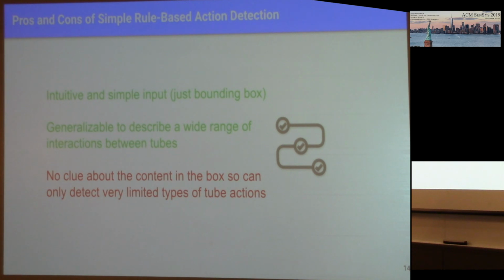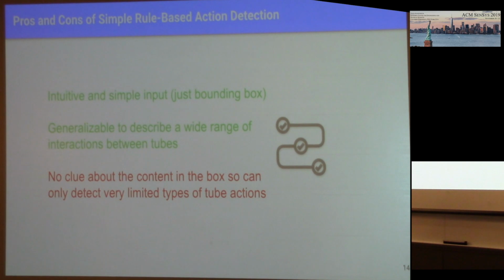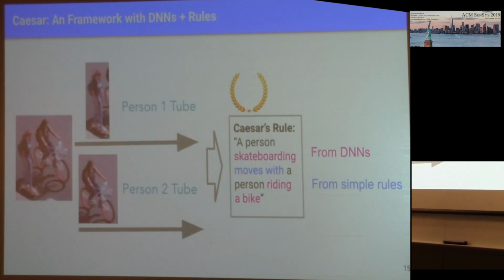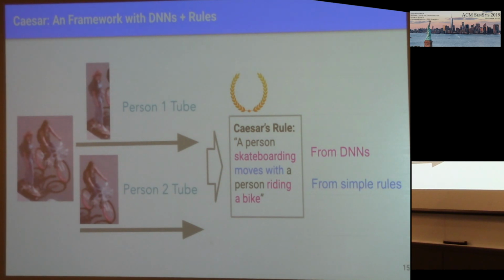But the good thing with rules is that they are very intuitive and human friendly, and also generalizable to describe a wide range of relationships between multiple tubes. So our basic idea for Caesar is to combine these two together. In Caesar's rules, here is an example.